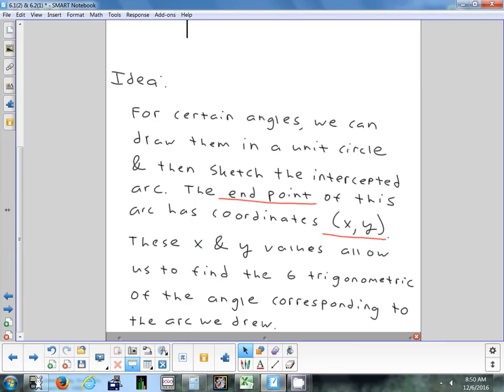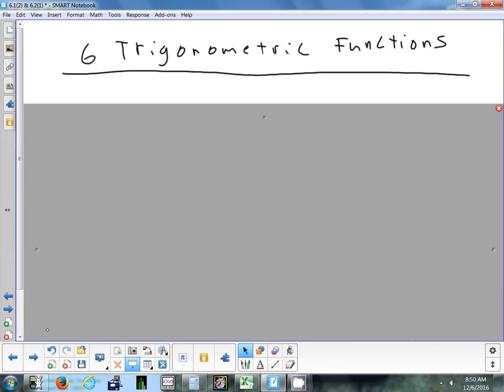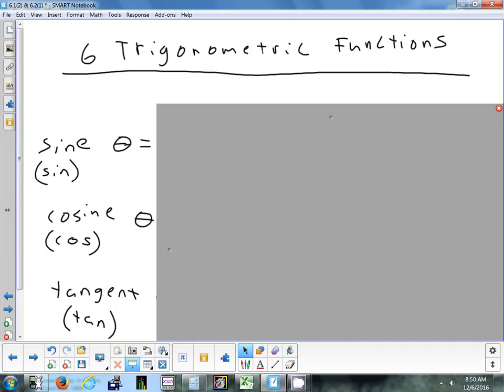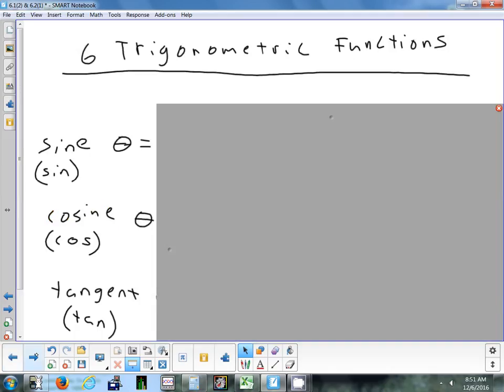Now we're going to look at, for the first time in this class, the 6 trig functions, and we're going to define them in terms of the coordinate for where the terminal side hits the end of the circle.